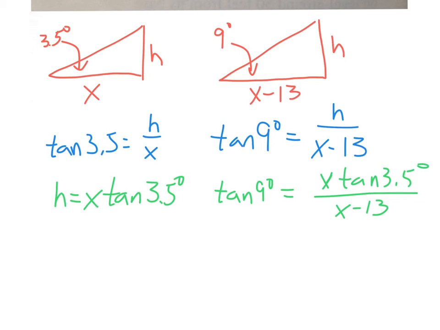And now I'm going to solve this equation for x, and I'm going to do it the same way. So I'm going to multiply both sides by x minus 13. I am not going to distribute. So then we have tangent of 9 degrees, I'm going to write it over here because I'm running out of room, times x minus 13 equals x times tangent of 3.5 degrees.